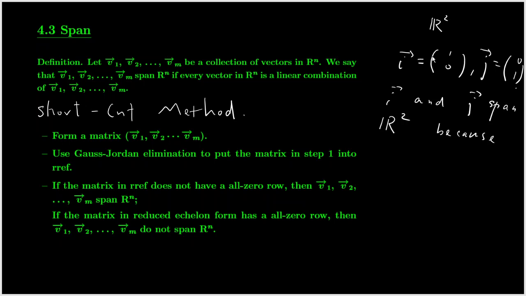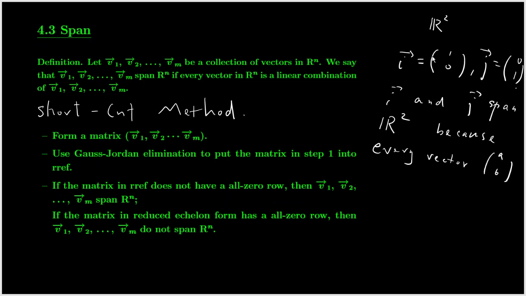Because to say two vectors span R2, we want to verify every vector in R2 is a linear combination of i and j. So now let's say every vector in R2 has two components, say a and b.